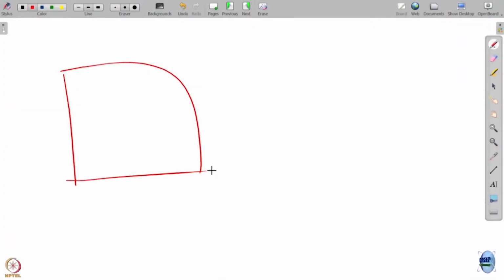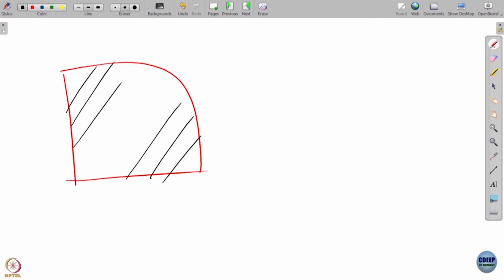Okay. So now, what happens actually in this system when you have this old phase? The way it goes over to the new phase is that a small embryo forms.